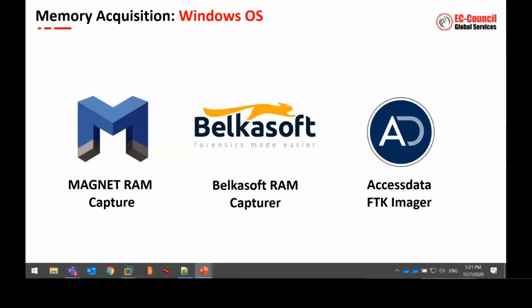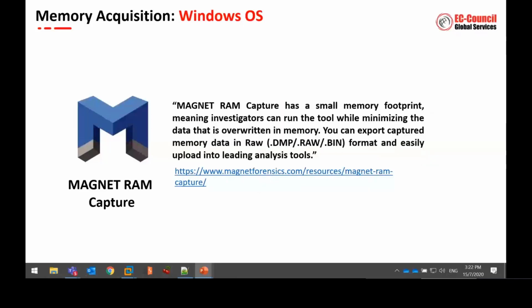Magnet Forensics' tool is a very tiny application with a very small memory footprint. Why is it important to have a small memory footprint? Whenever we execute something on the machine, it writes something to the memory. It may modify something, may add something, and may rewrite some content.